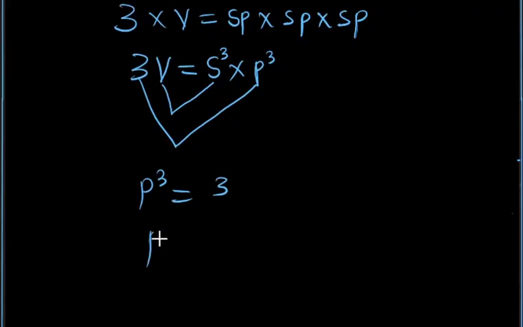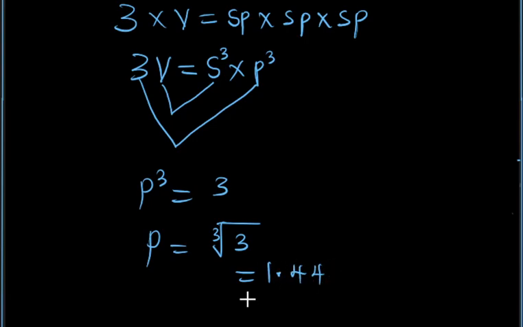Then when we take the cube root of both sides, this gives us P is equal to the cube root of 3. So using a calculator, that will give us 1.44.